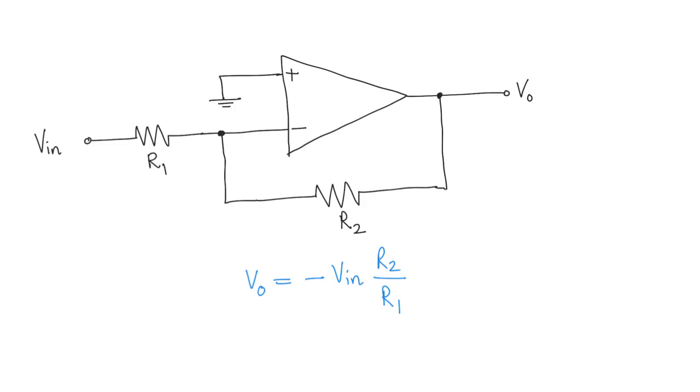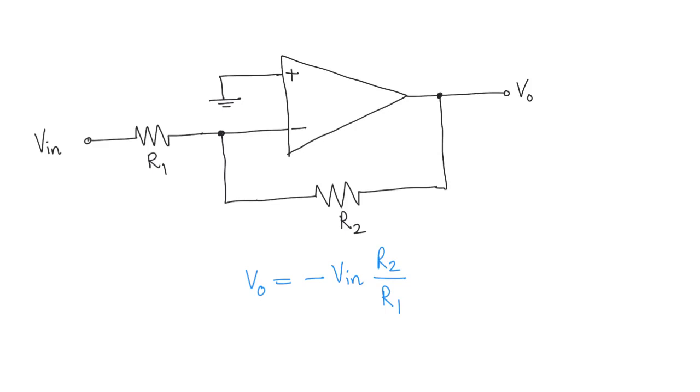And you can see that, okay, what kind of mathematical operation is this circuit doing? You can see it takes the input and it multiplies it by a factor of R2 over R1, and it gives you a negative sign along with it. So this kind of circuit is basically multiplying by a constant, right?